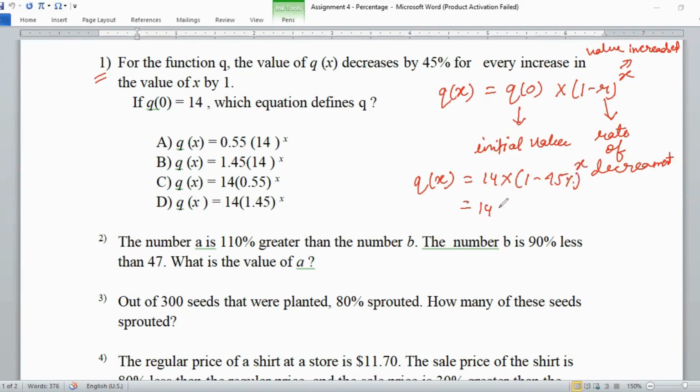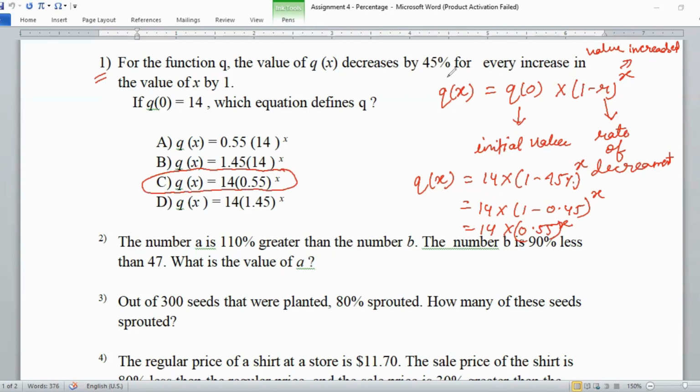Or else I can write it as 1 minus 0.45, and on solving further I'll get 0.55 to the power x, which is similar to option C, and so option C is correct.